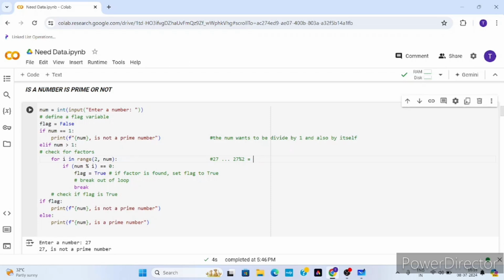So it is not equal to 0, so it doesn't enter this condition, and it will move to the next value, which after 2 is 3.